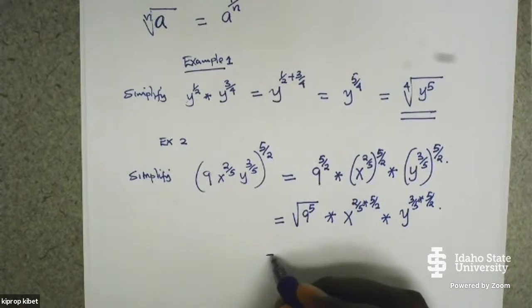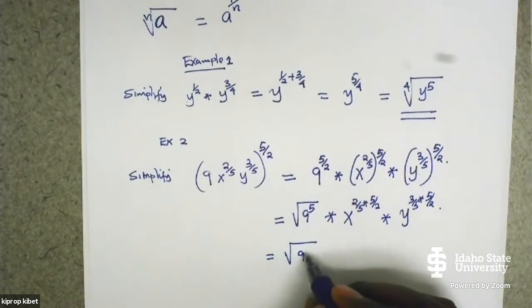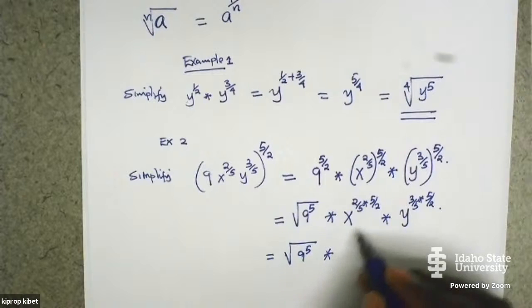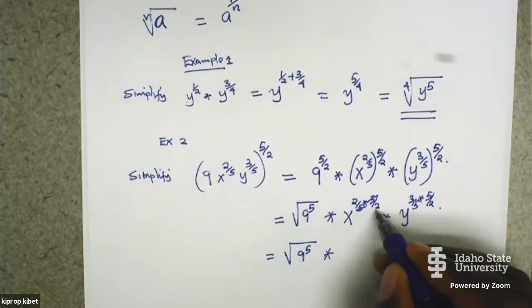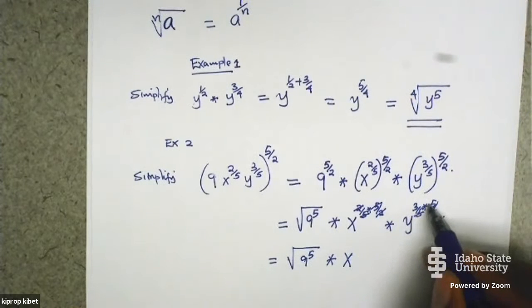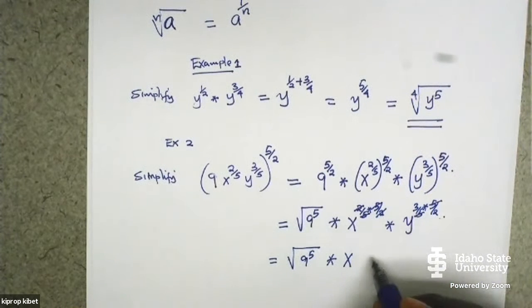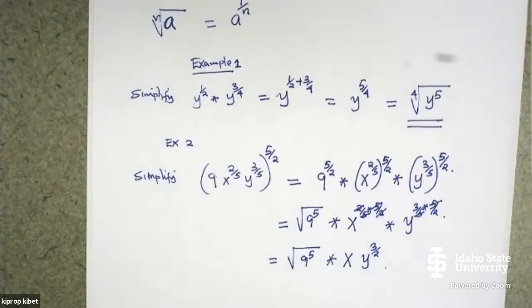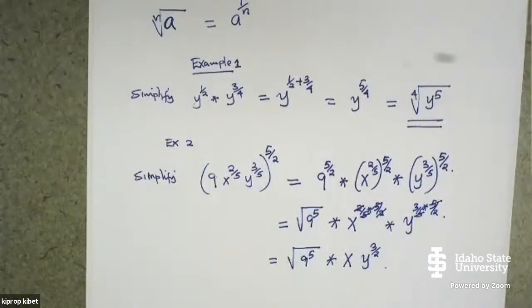Now finally, this is the square root of 9 raised to 5 multiplied by what? The 5s cancel, so x, and then y raised to 3/2. Are we together up to there?